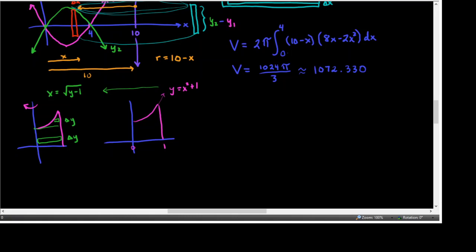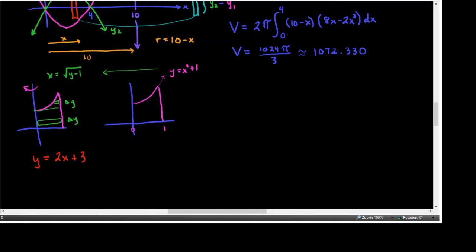The only exception to that would be if it's like the equation of a line or something else that's pretty simple. If you were given this line as one of the boundaries and you decided you really wanted to use delta y for that problem, this one's easy enough to solve by subtracting 3 from both sides and then dividing both sides by 2. That's easy enough to solve for x that if you need to, do that.